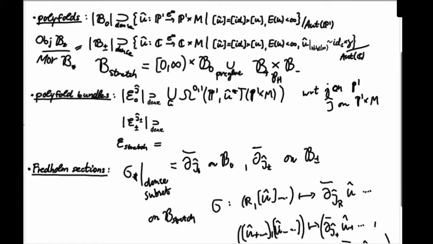So the bundle changes because the operator changes. So here again I can play a similar game, just have all kinds of 0-1 forms here. Those should be dense subsets of that.